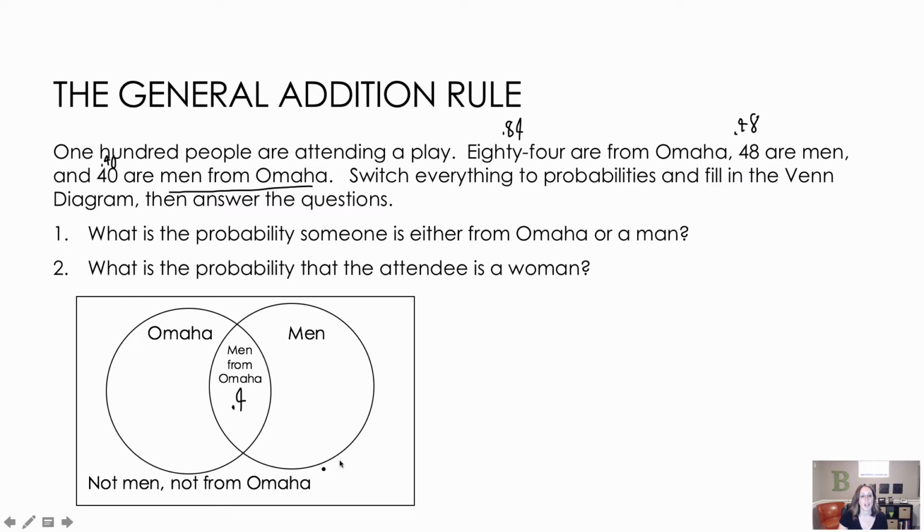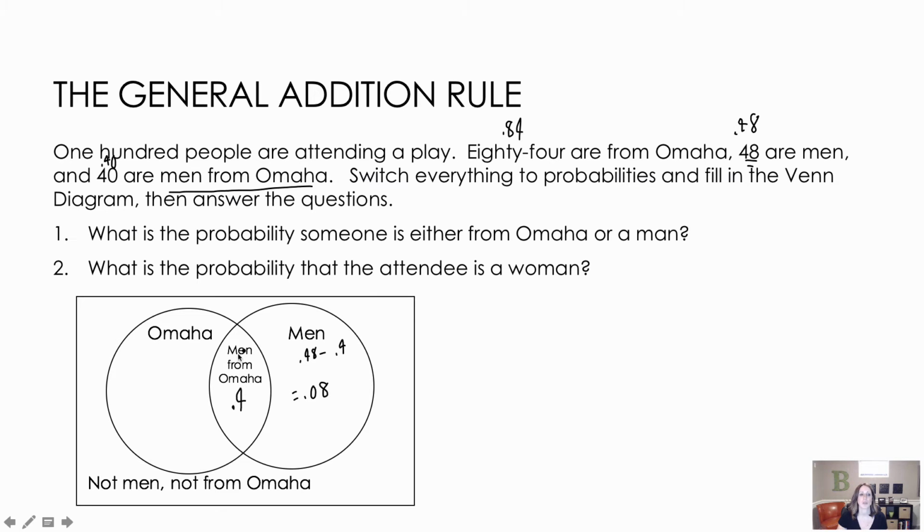Now, I know that inside the men circle, it has to be all of the men, and there are 48 total men. Well, if there's 40% here, then this means that I have to take 0.48 minus the 0.4 that's over here, which means I get 0.08. So 8% are men who are not from Omaha.